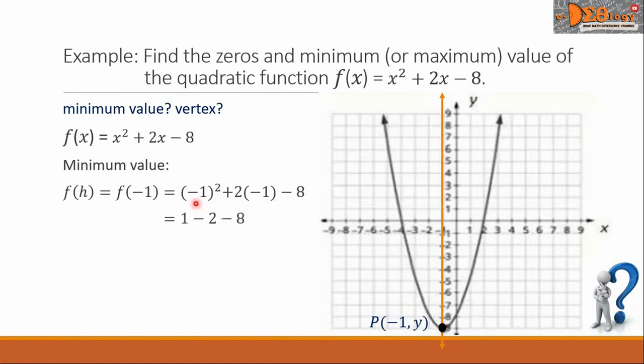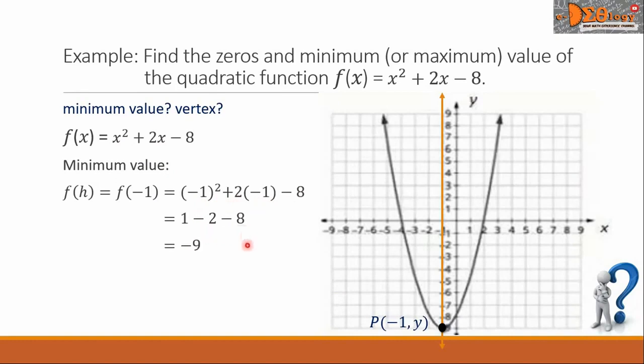Simplifying further, the square of negative 1 is positive 1, 2 times negative 1 is negative 2, and the constant negative 8 is copied down here.